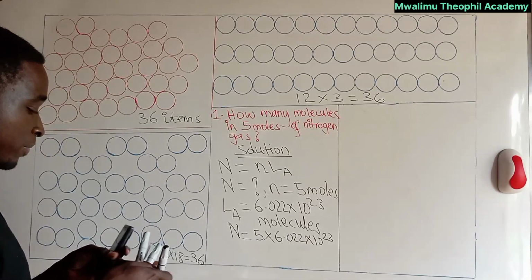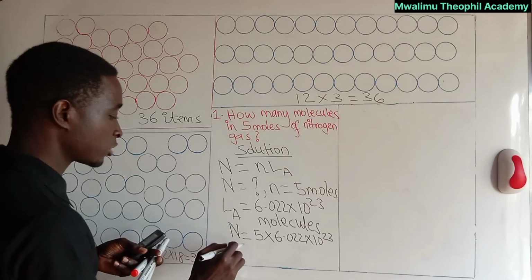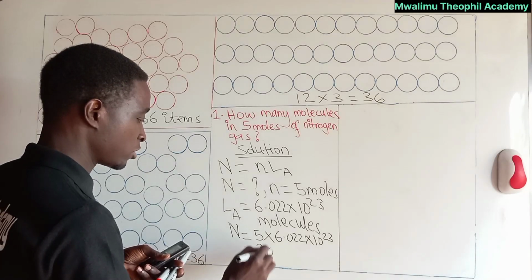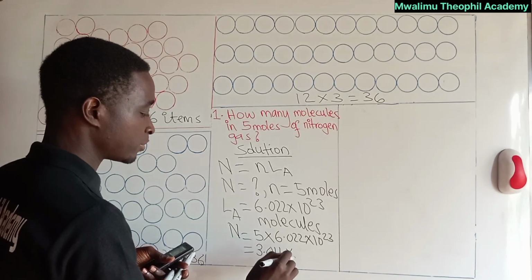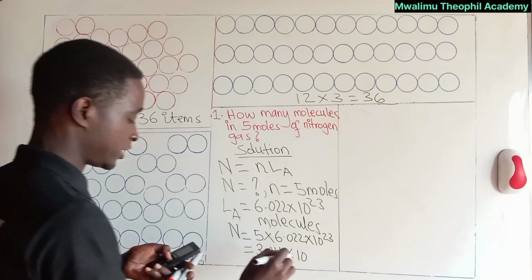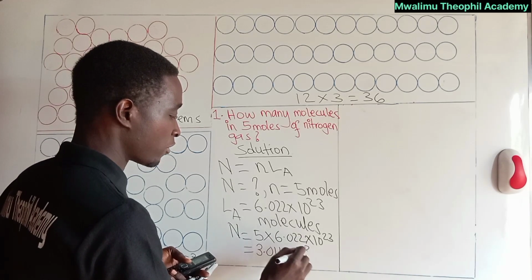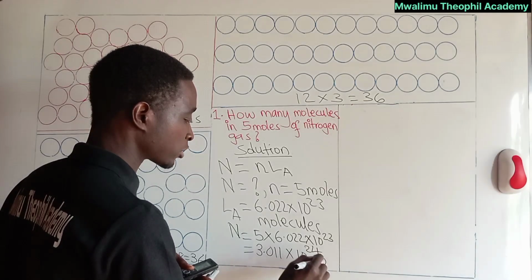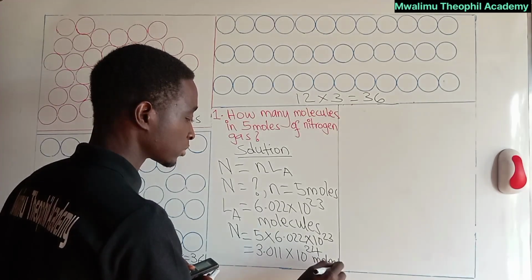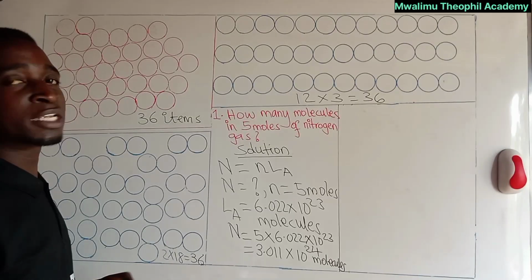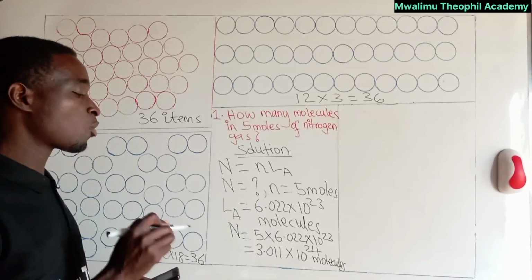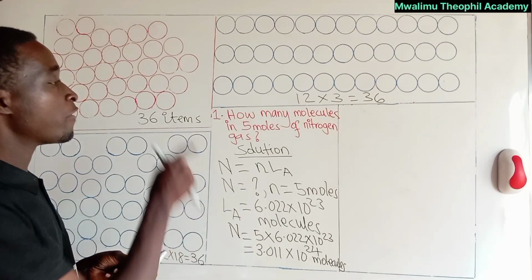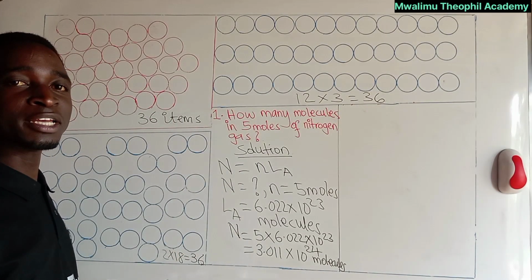We get N equal to 3.011 times 10 raised to 24. These are molecules. This is the answer. There are 3.011 times 10 raised to 24 molecules in 5 moles of nitrogen gas.